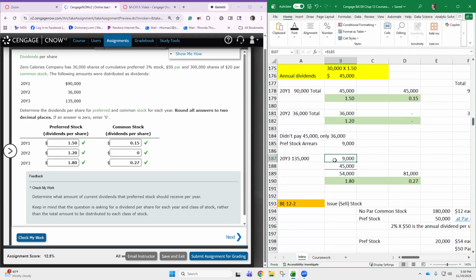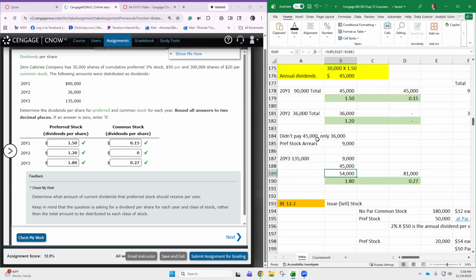So here is year three's dividend going out to preferred. There is the guaranteed dividend, and when we add those together, 54,000 is going out to the 30,000 shares at $1.80 a share. Now, year four, we don't know what that's going to be, but there's nothing left over in arrears for preferred.